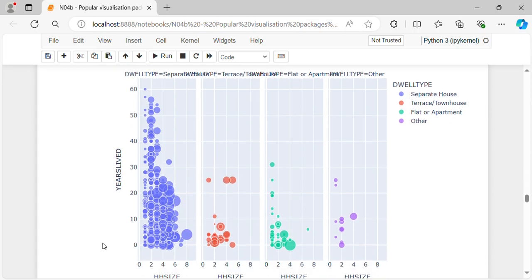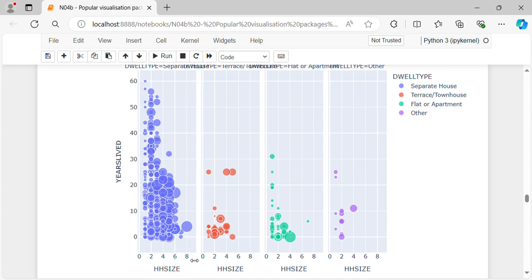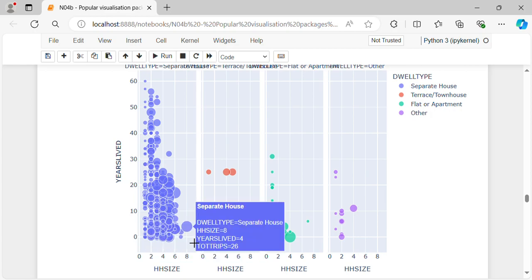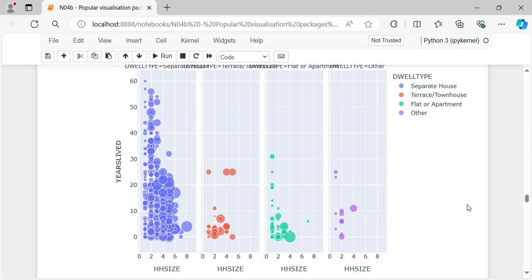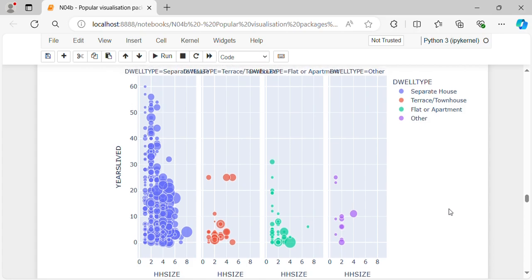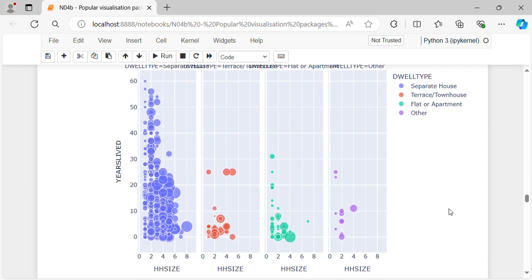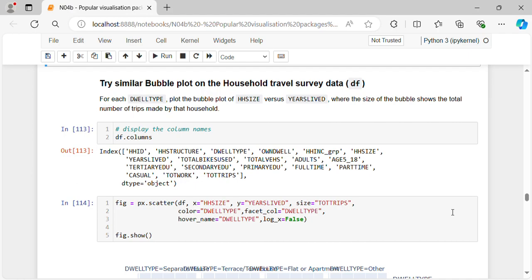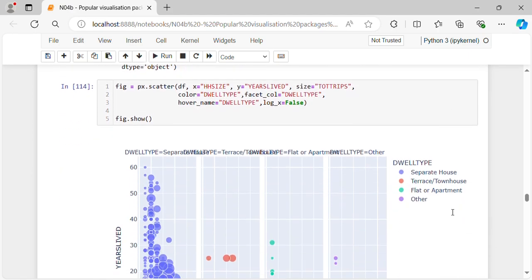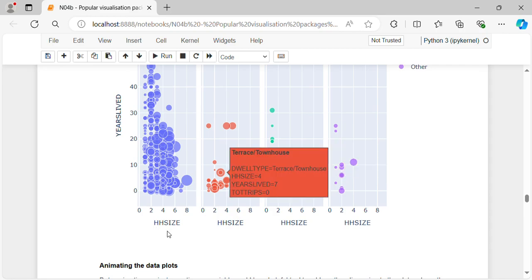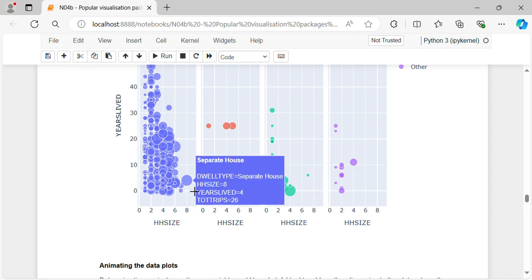And for the household size 6 to 8, the years lived is less compared to other household sizes, and the bubble size, which represents the total number of trips made by the household, is much higher for 6 to 8 household size.